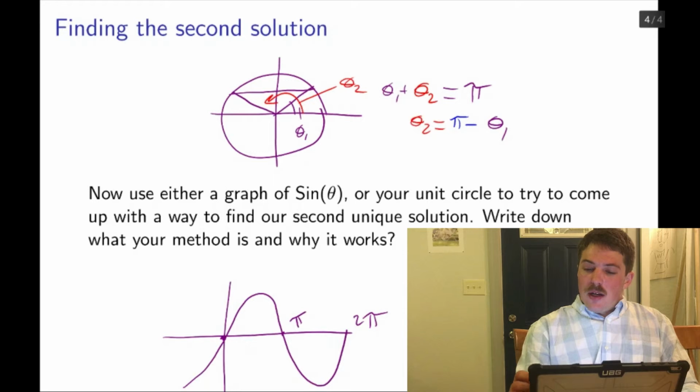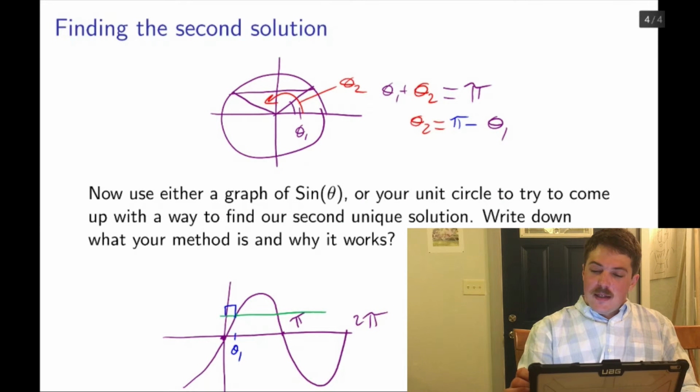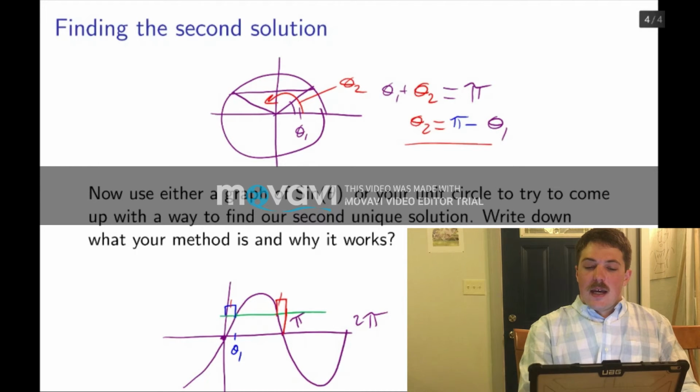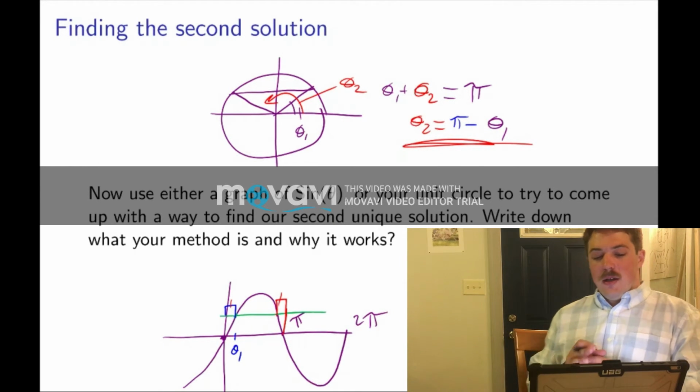And so we can notice that if we have that 1/2 drawn in right here, this distance from 0 to theta 1 is going to be the same distance as pi to theta 2. These two are going to be the same distance. So that leads us to the same conclusion, that theta 2 is equal to pi minus theta 1.